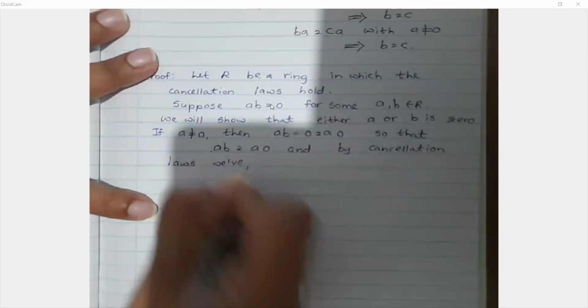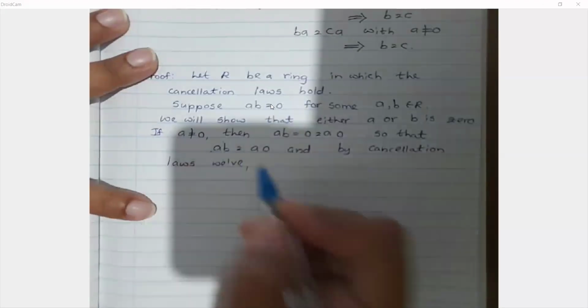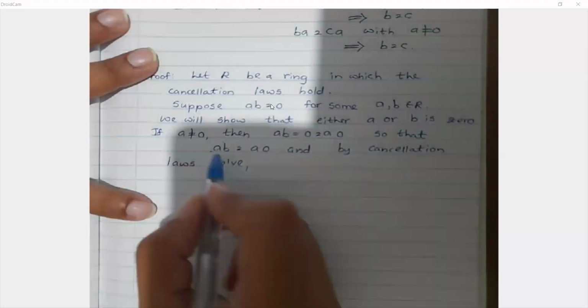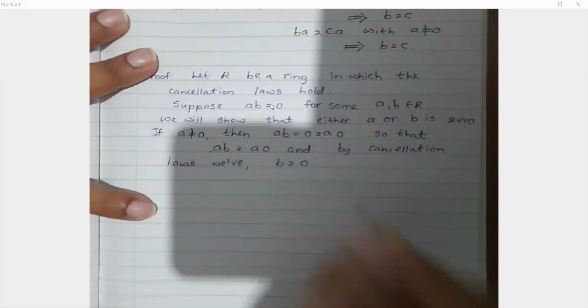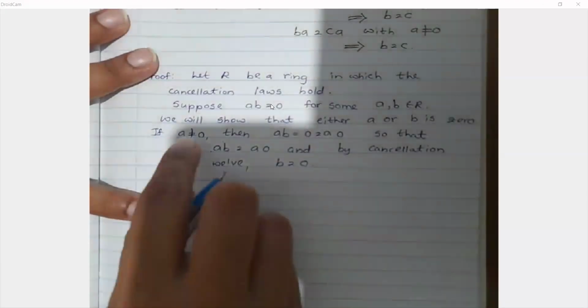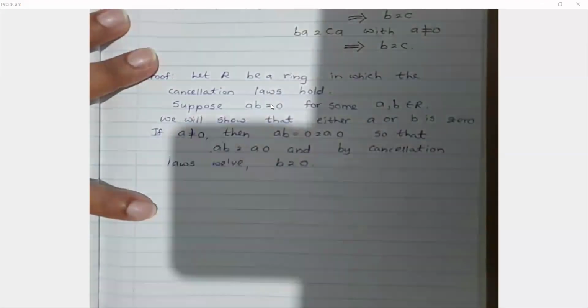By cancellation laws, cancelling out A, which is a non-zero element, from both sides, we have B equal to 0. So when A is not equal to 0 and we have the product AB equal to 0, we end up getting B equals 0.